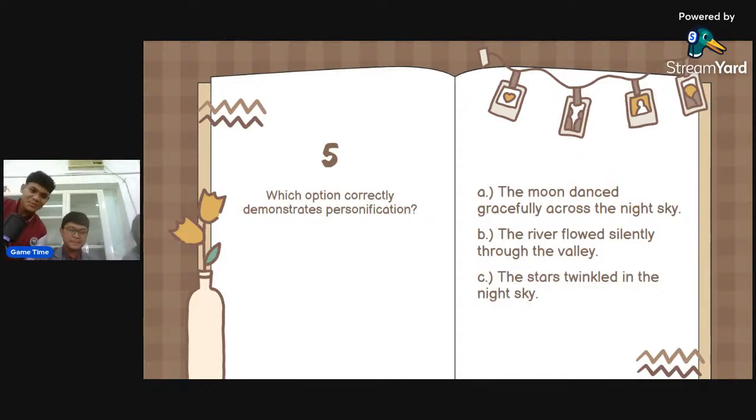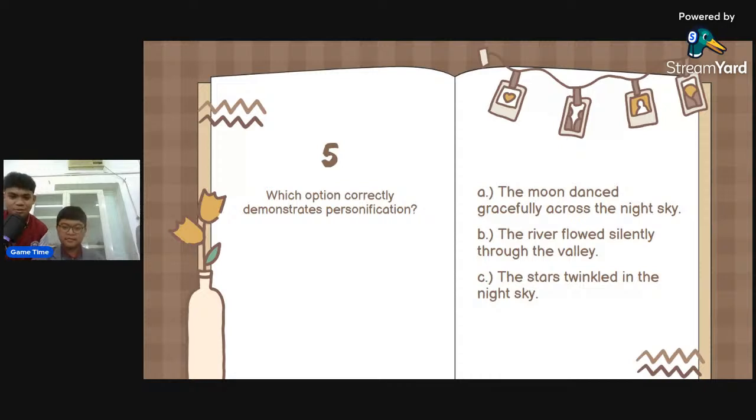Okay, so number 5, which option correctly demonstrates personification? Letter A, the moon danced gracefully across the night sky. B, the river flowed silently through the valley.